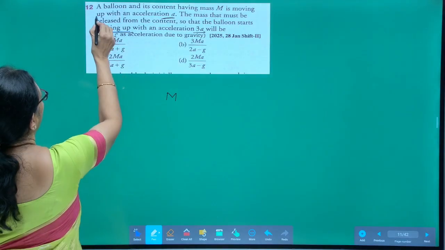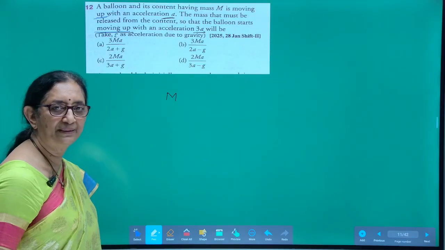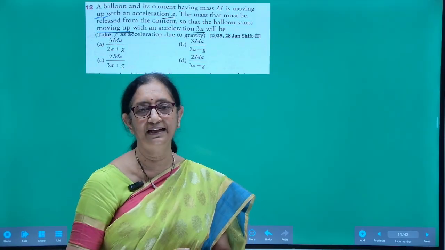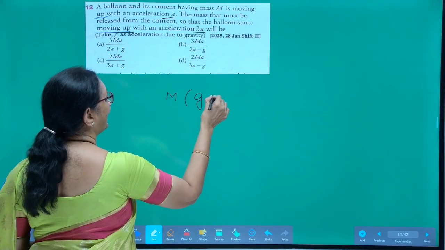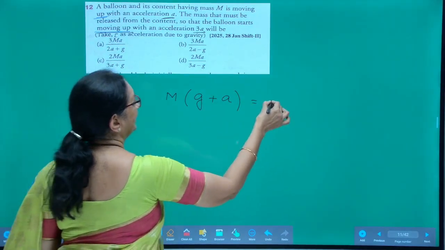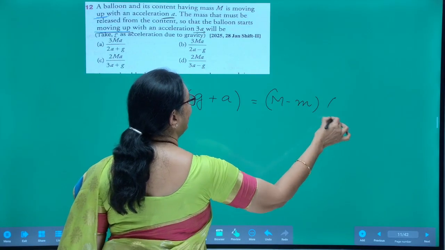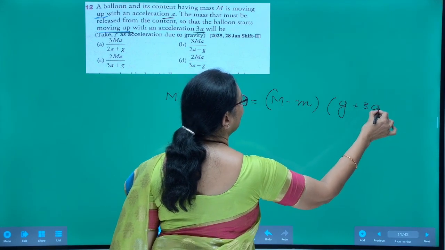So, here the key words are: initial mass of the balloon is m, it is moving up with an acceleration a. Then m(g + a) is its apparent weight. In the second case, some mass is released from the balloon, then it started moving up with acceleration 3a.